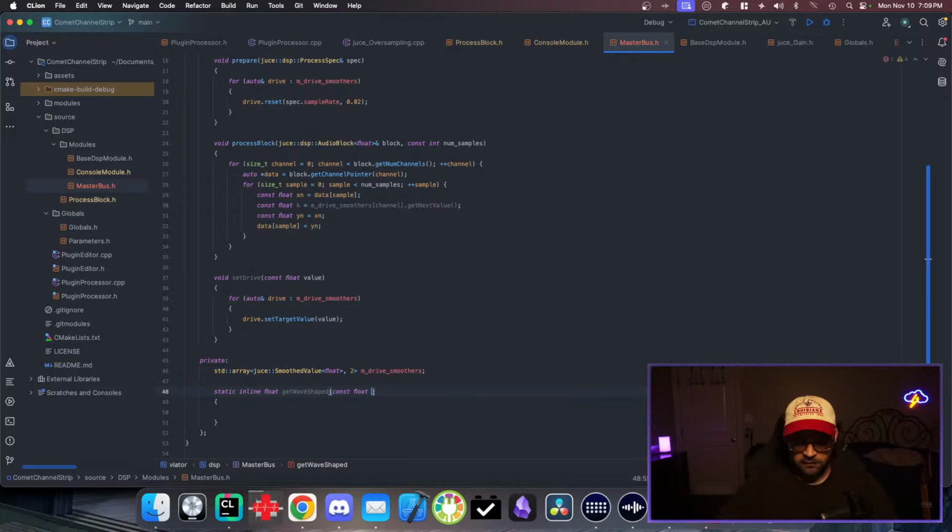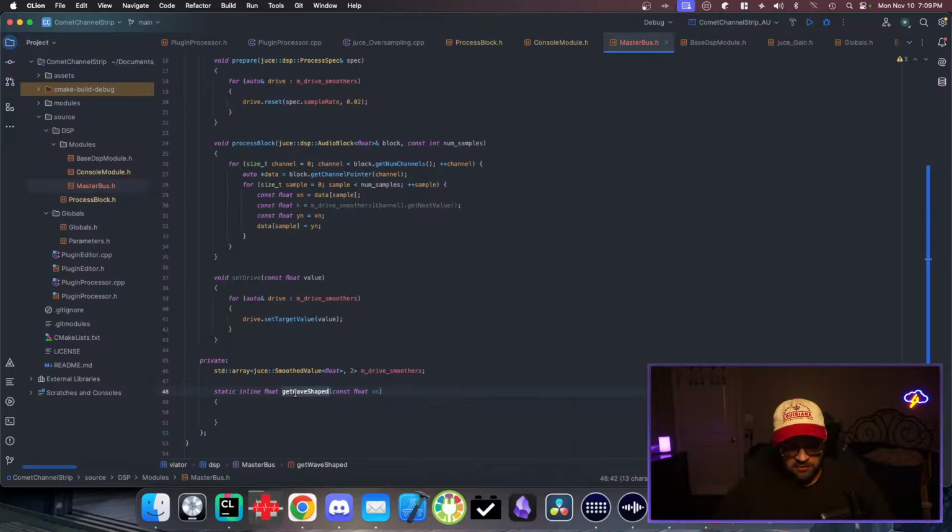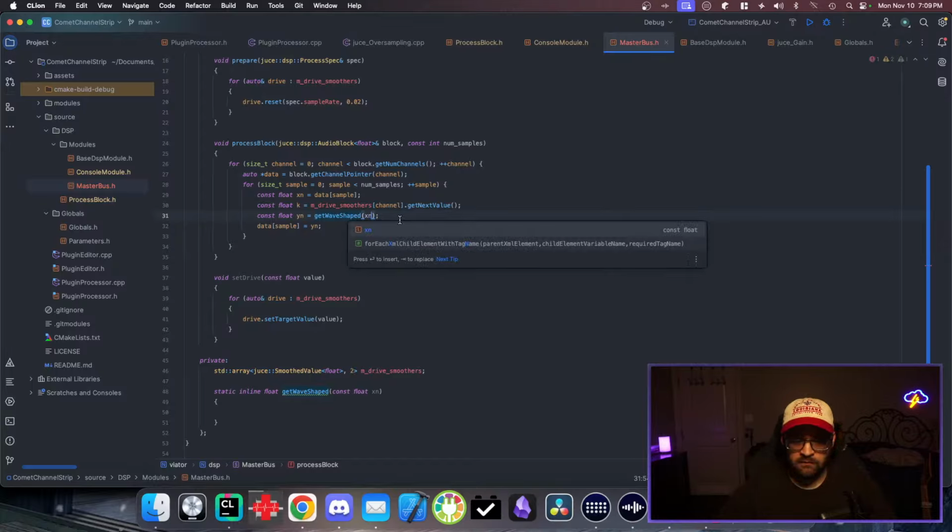So let's do a float, call it xn. At the very least, to test just that part, we are going to say get wave shaped and pass it xn. Okie dokie. That should be good.